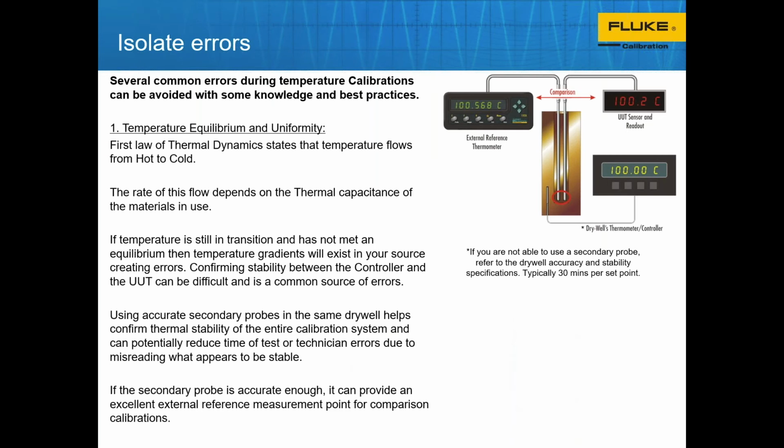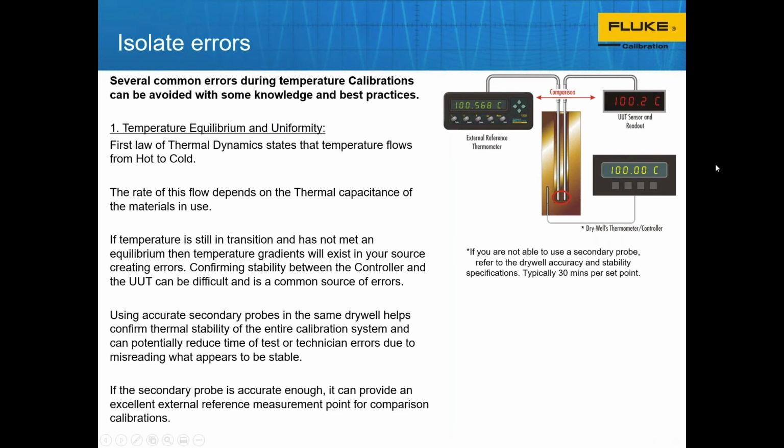In fact, right now. Okay, so let's talk about isolating errors, doing that through sourcing of calibrations through dry wells. One of the key things is to understand the first law of thermodynamics, which states that temperature is going to flow from hot to cold.